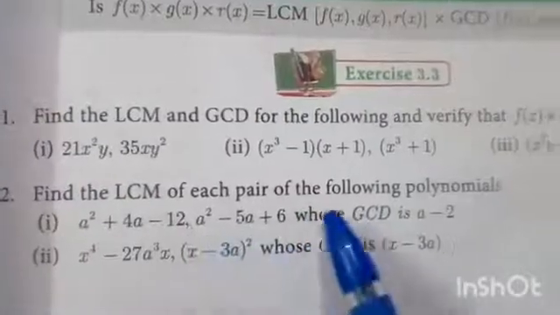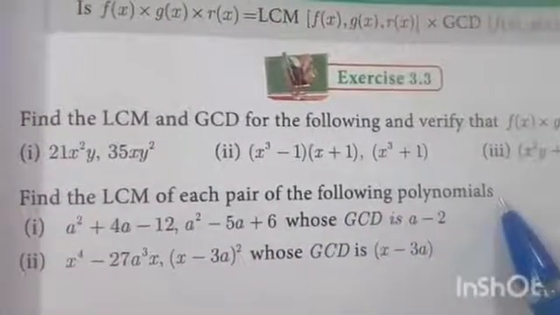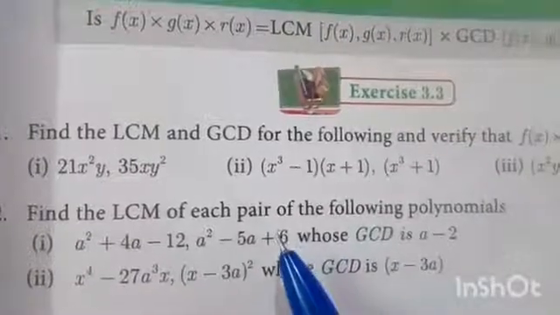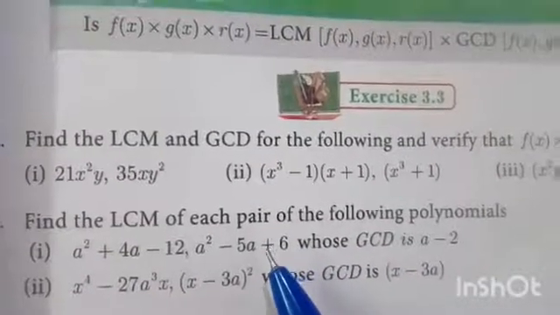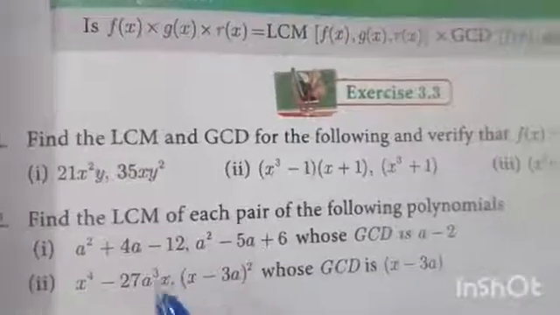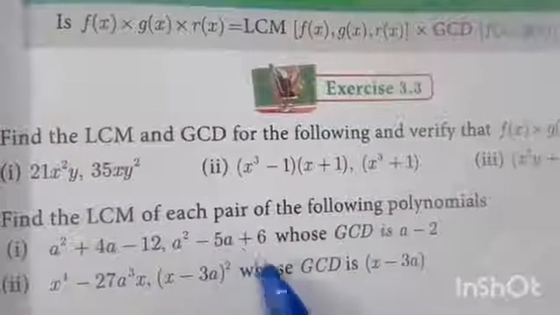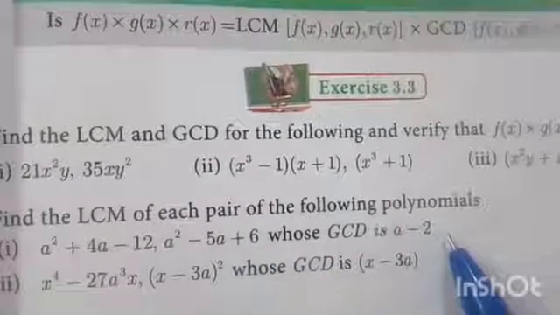Second problem: find the LCM of each pair of the following polynomials. Here two problems are given. I am going to teach you only one problem, then the remaining you have to try yourself. The first problem: f of x is a square plus 4a minus 12, g of x is a square minus 5a plus 6, whose GCD is a minus 2.